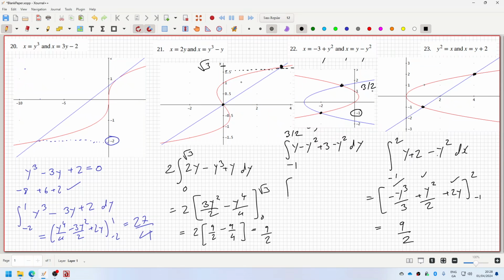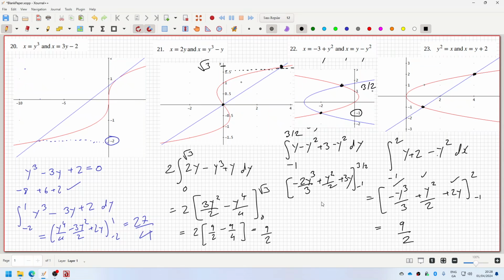Okay, so that would be minus 2y cubed over 3, plus y squared over 2, plus 3y, from minus 1 to 3 over 2.